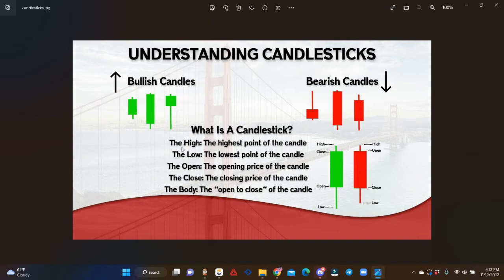Now, what is a high? The high of the candlestick is pretty much the highest point of that candlestick. When I explain what a wick is, what a wick is showing you is the highest point and the lowest point of where that candle actually has been in time. I hope that makes sense.